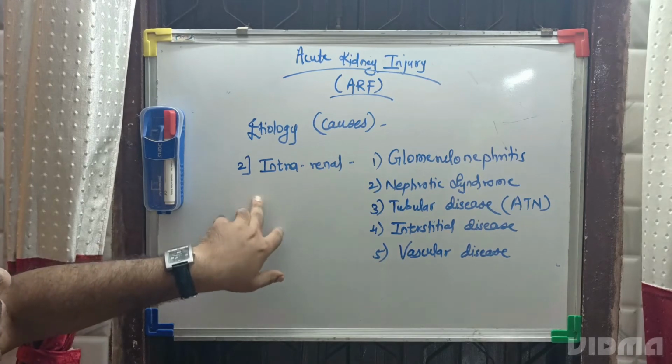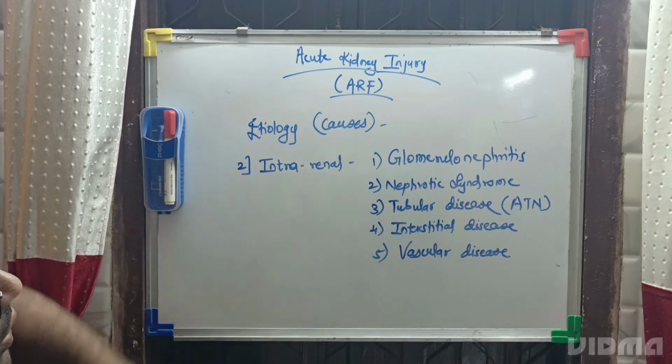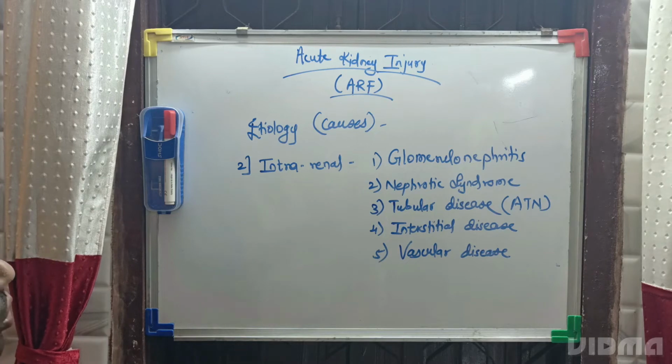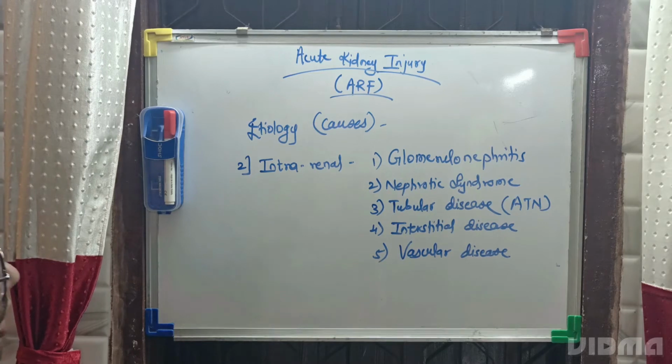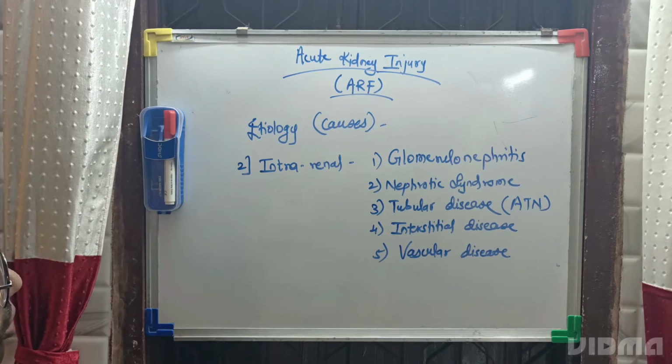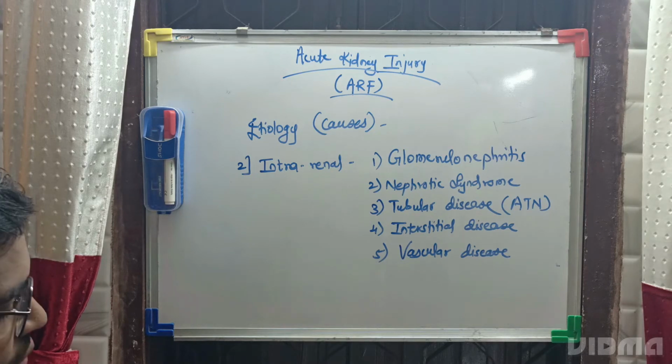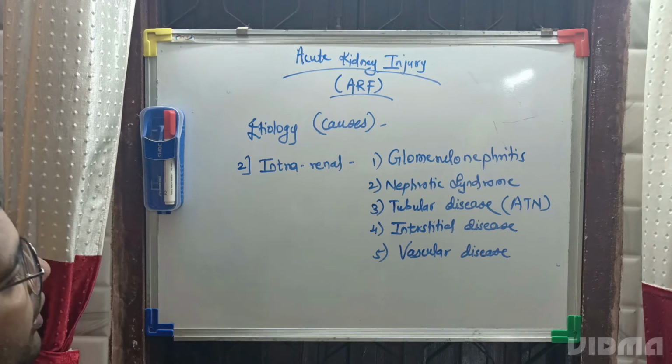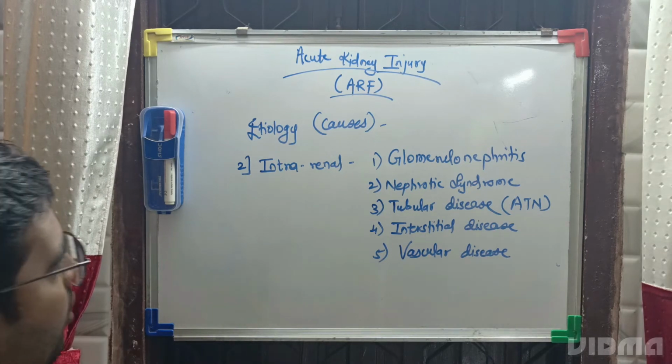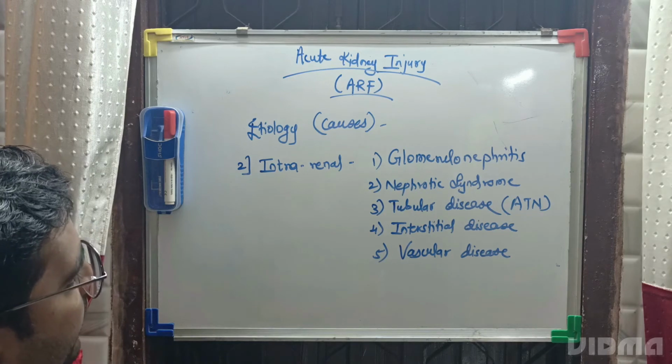Now we will focus on the intrarenal causes. The first one is glomerulonephritis, the inflammation of the glomerulus. The second one is nephrotic syndrome, where there is proteinuria. Third, tubular disease such as acute tubular necrosis, which occurs when there is prolonged ischemia due to the pre-renal causes.